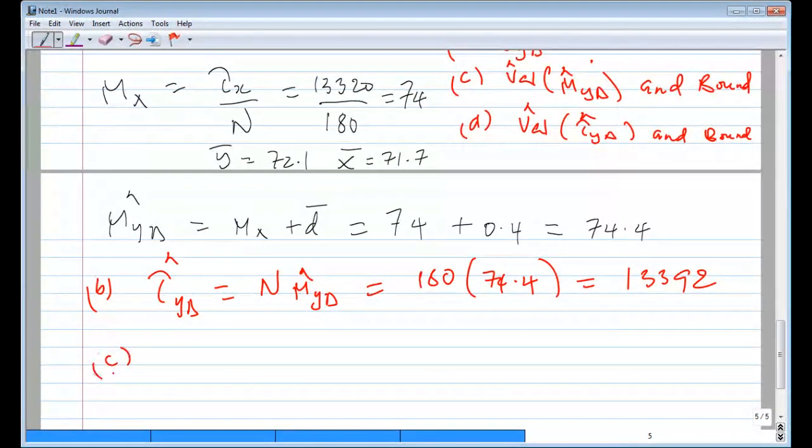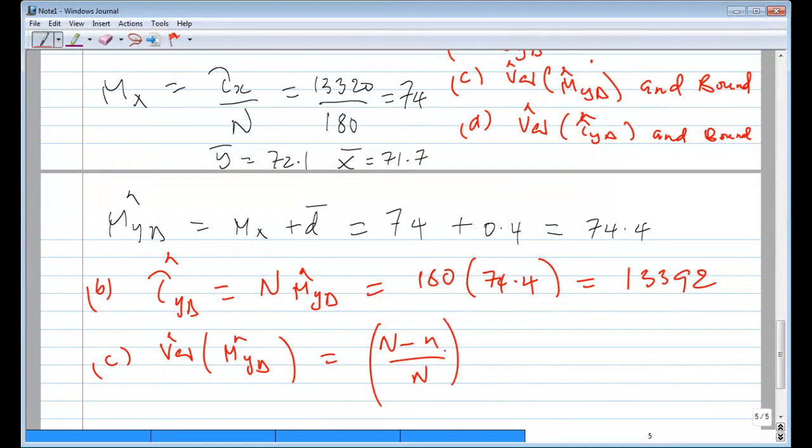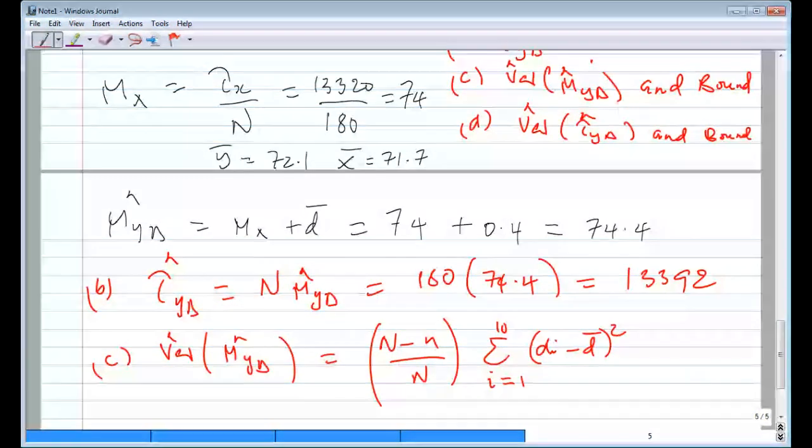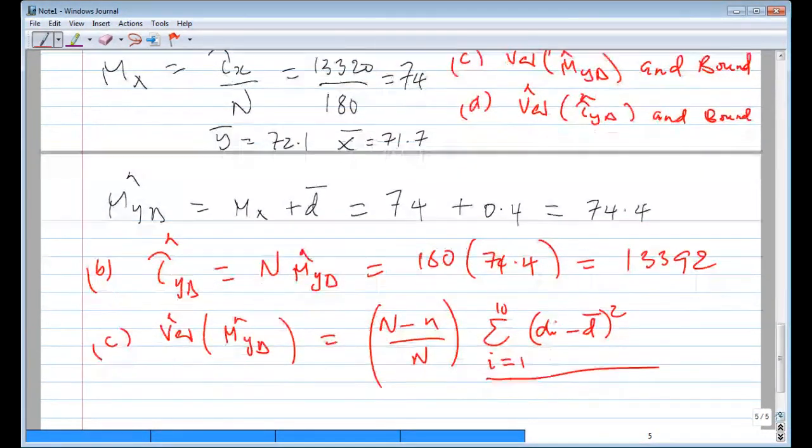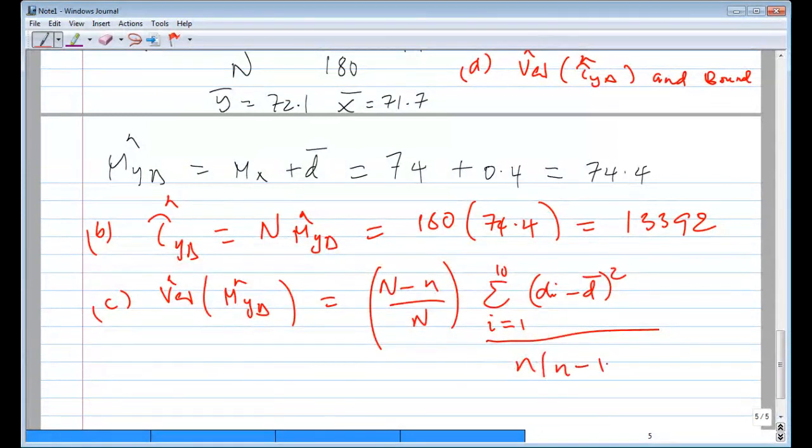That's number C. The formula, if you still recall, is N minus n over N, multiplied by the sum for i ranging from 1 up to 10 of (di minus d bar) squared, then you divide by n times (n minus 1).